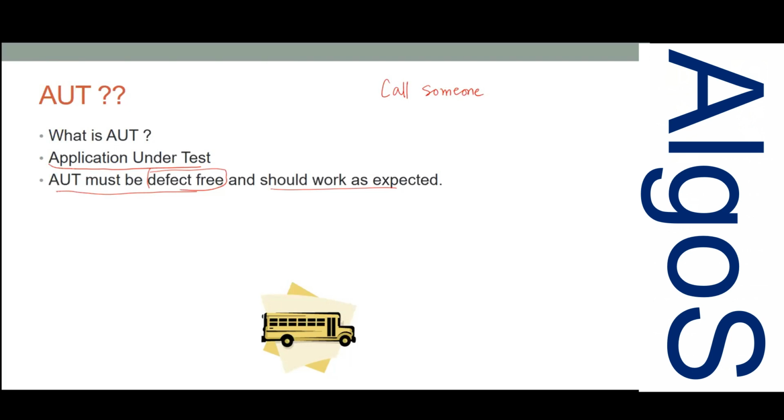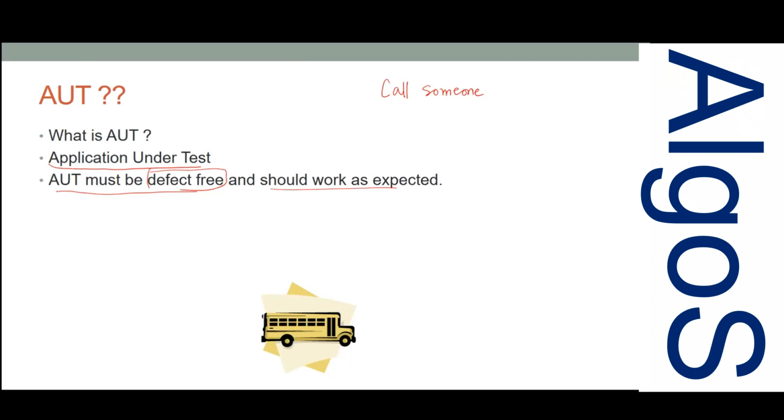You are not able to call someone. So that is a defect in WhatsApp. It gives you some error that the call cannot be established, or it says your phone is not ready to make a call or something. You get an error message on your WhatsApp screen. That means there is a defect in WhatsApp. What the software is expected to do but does not do, that is a defect in the software.